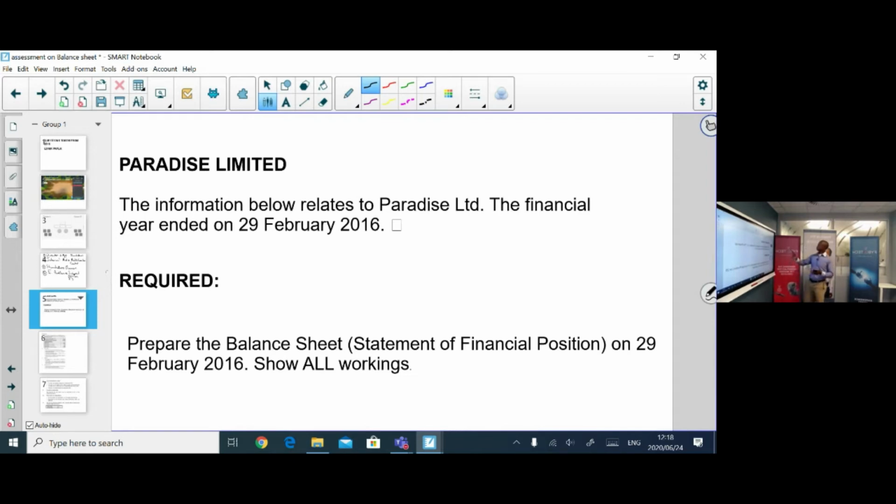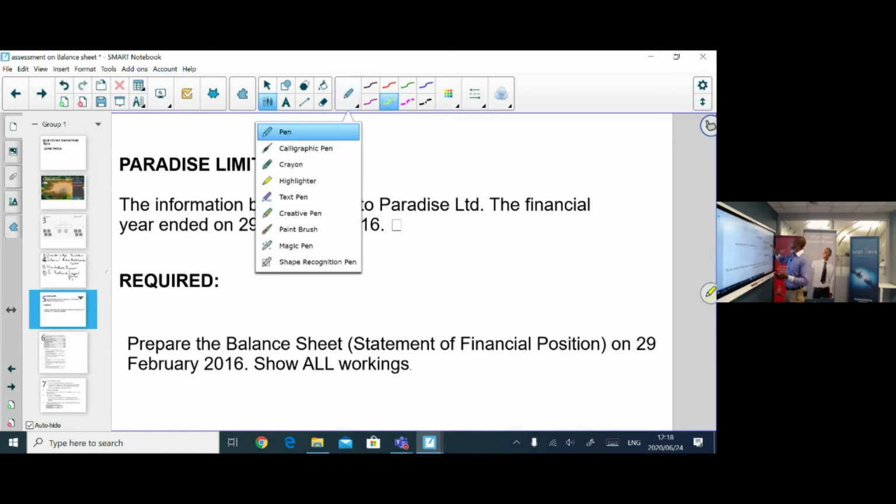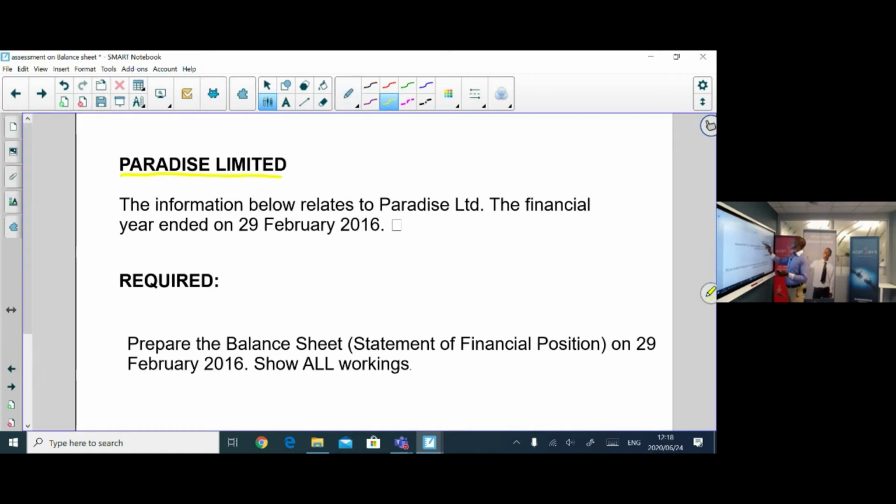So Paradise Limited, let's see our company. The information below relates to Paradise Ltd. The financial year ended on 29 February.